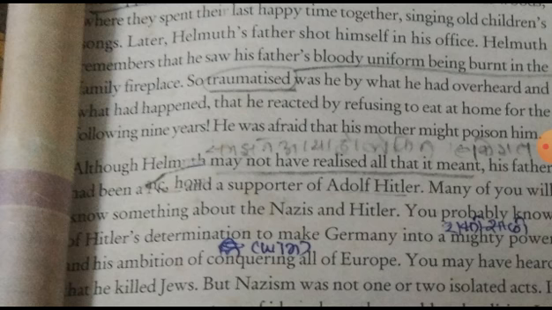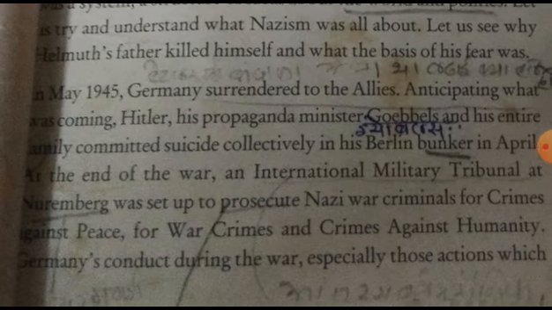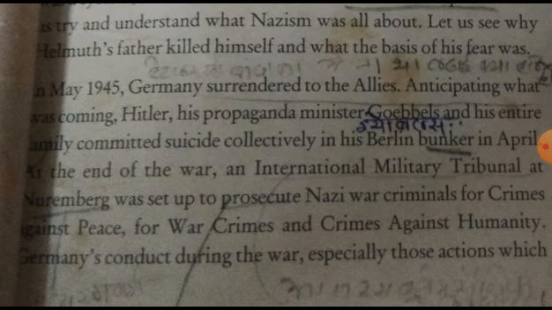So in May 1945, Germany surrendered to the Allies.